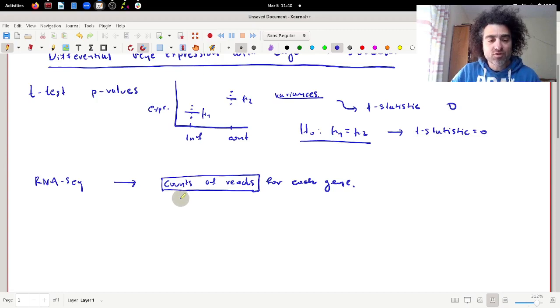So the estimation of variance when the number of reads is small is not accurate enough. Therefore, we don't really apply the t-statistic and the t-test on RNA-seq results. Another reason is the following.